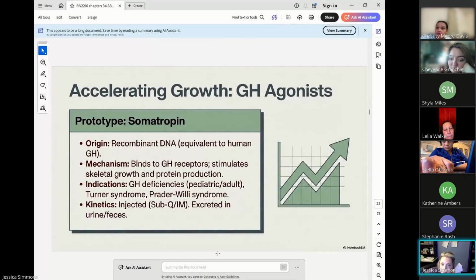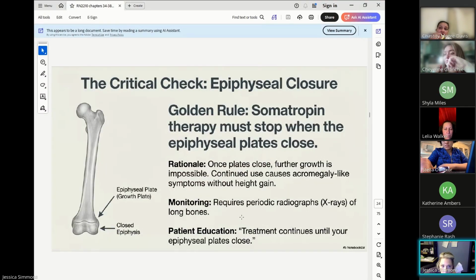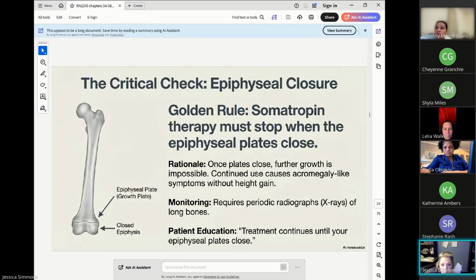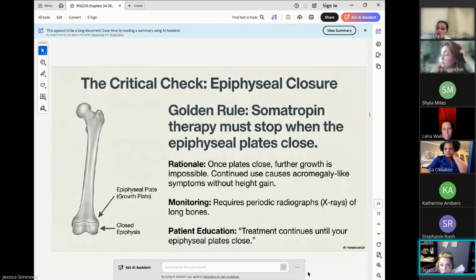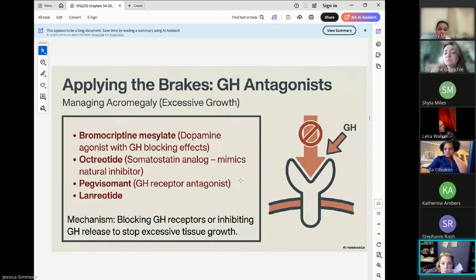That's a big one this is missing: my patient that's on a growth hormone, I need to tell that parent that the kid is going to be in pain. And I need to make sure they're getting x-rays of their long bones to make sure the epiphyses aren't closed. Well, in here, that's the next slide. So there are really important things in both slides. These big ones were made by using all of the little ones and putting them together on Notebook LM. So everything in here is also in the original PowerPoints.